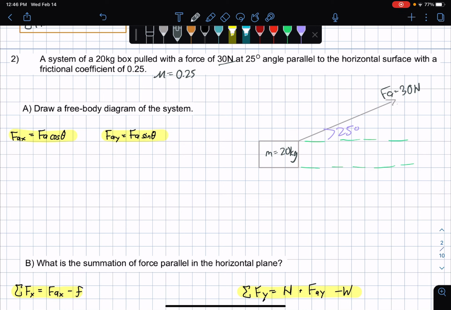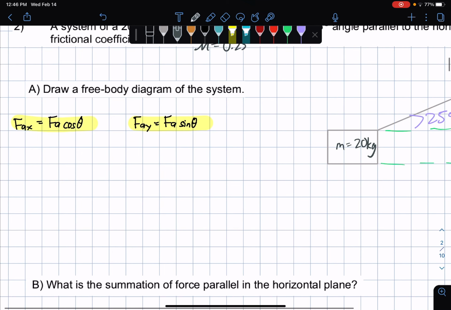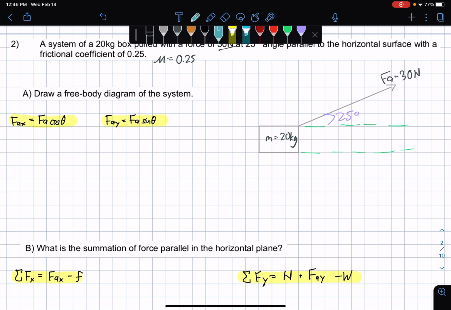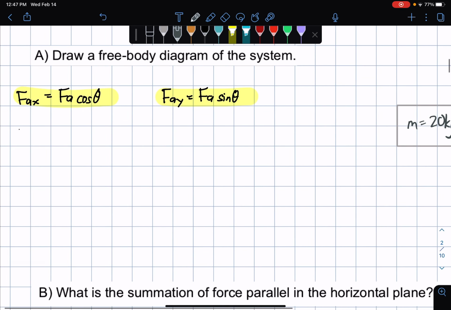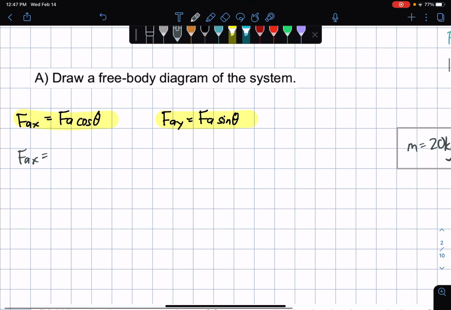So yeah, there is friction. Let's identify Fax and Fay. Fax is definitely this. This is Fay. So Fax is what? What's Fa? That's 30 newtons.